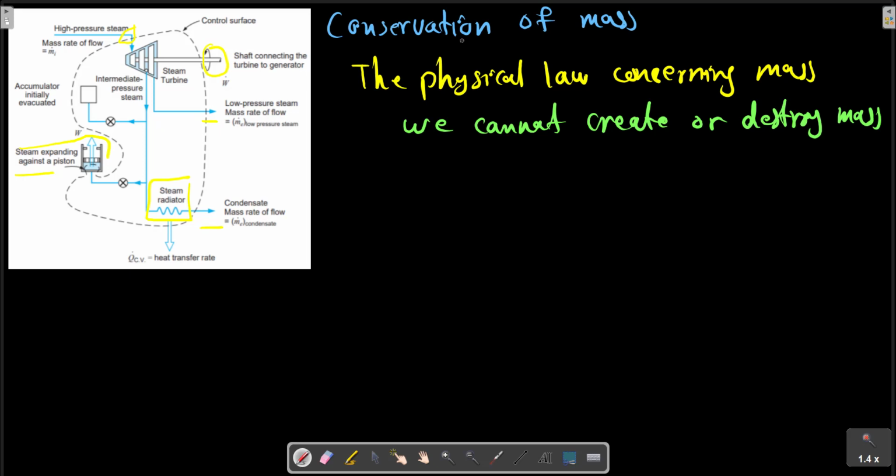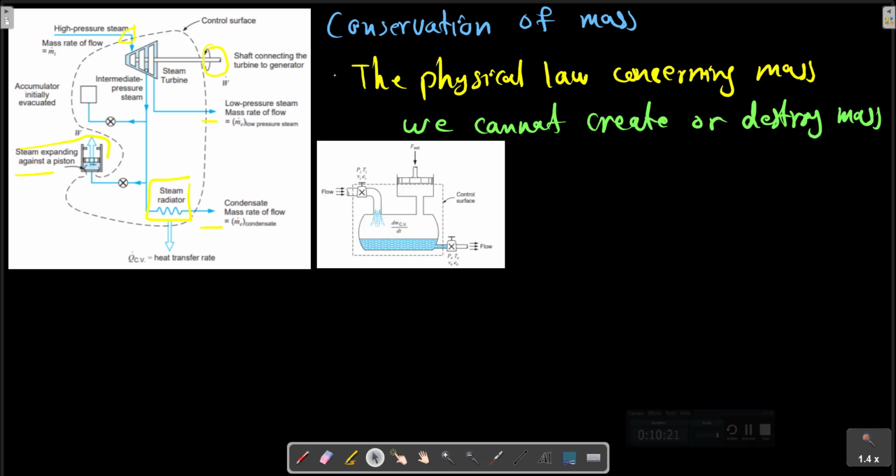As an example of a control volume, we consider a tank with a cylinder and a piston and two ports attached, as shown in the picture here. This picture shows a control volume with the mass flow and some work and heat transfer maybe.